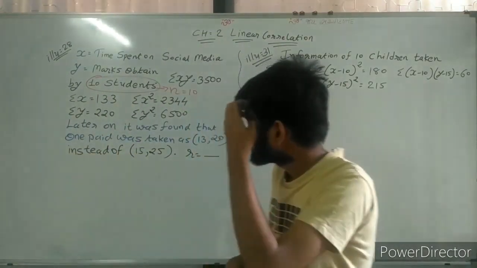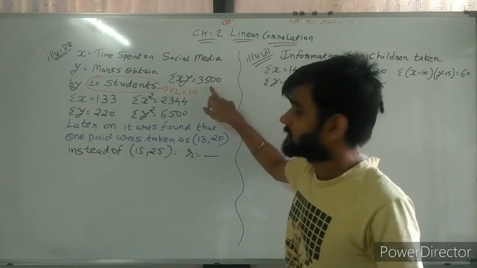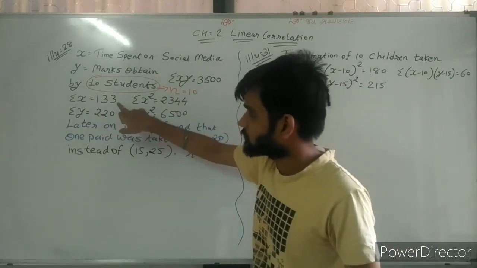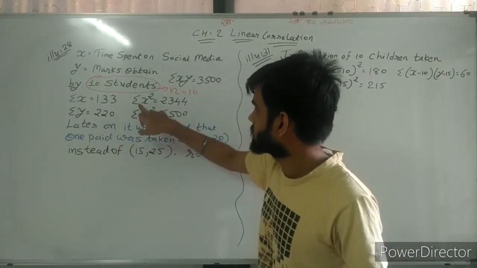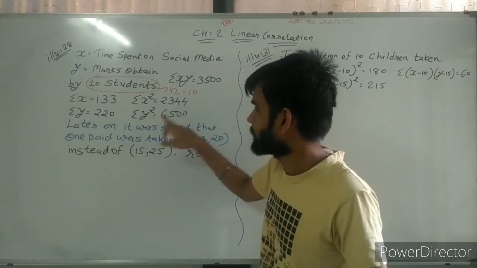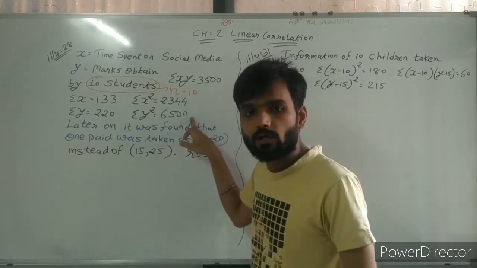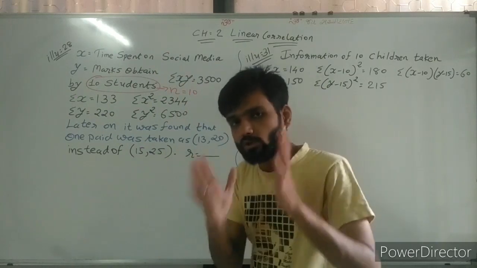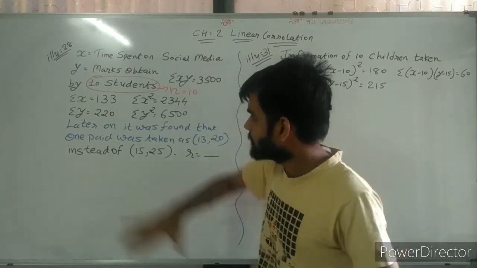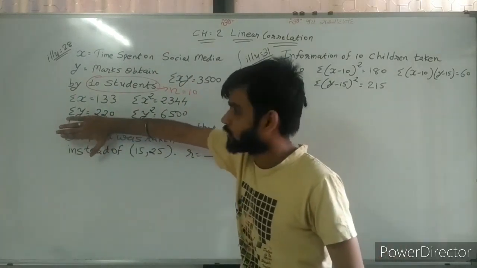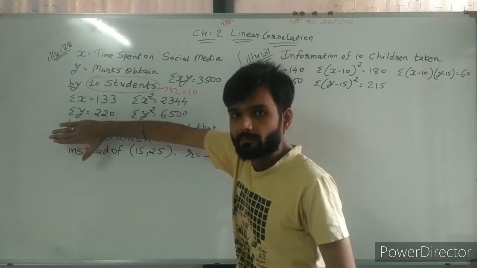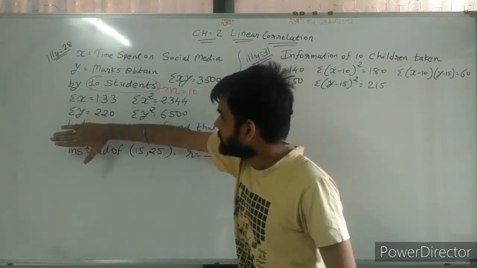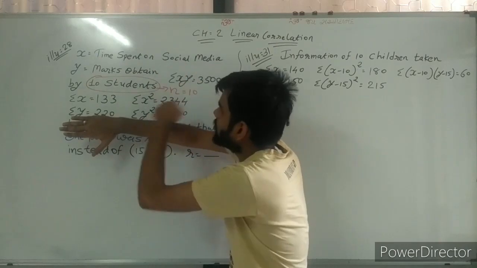Now, sigma xy 3500, sigma x 133, sigma y 220, sigma x square 2344, sigma y square 6500. These are the values given to you. If we are not reading ahead, then we know all the values.